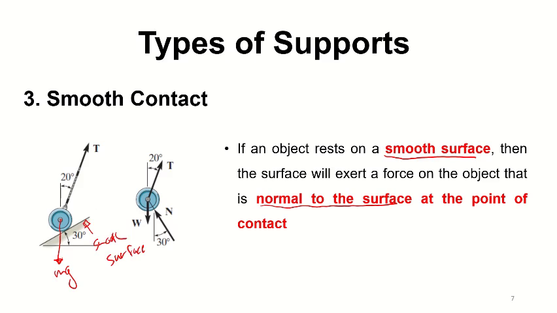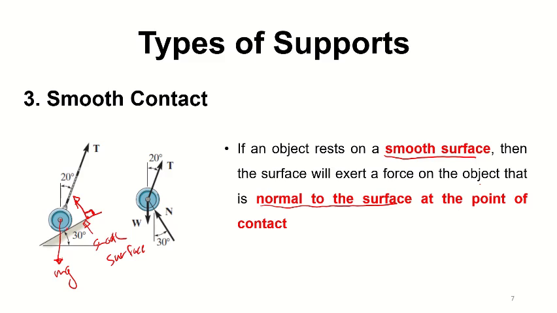According to this, the surface will exert a force on the object that is normal to the surface. So the contact point is here. The force is normal to the surface, so it should be in this direction, right? Normal to the surface at the point of contact.